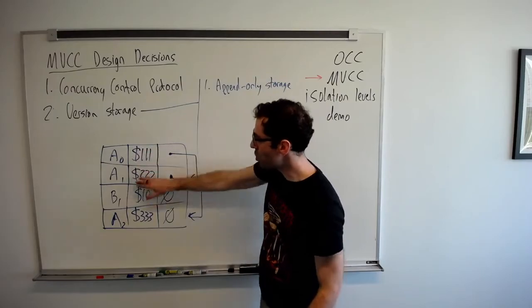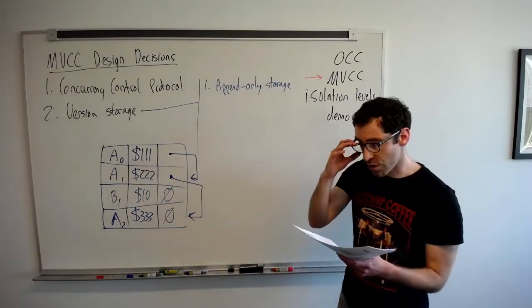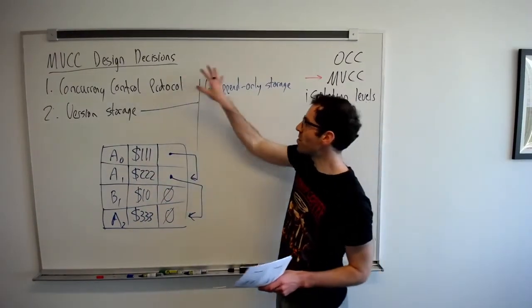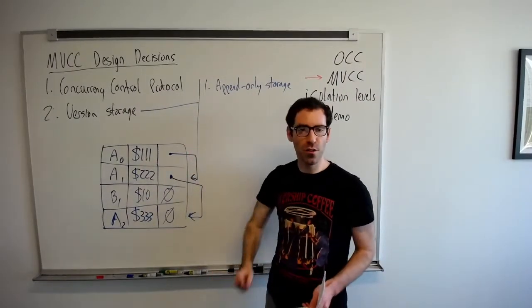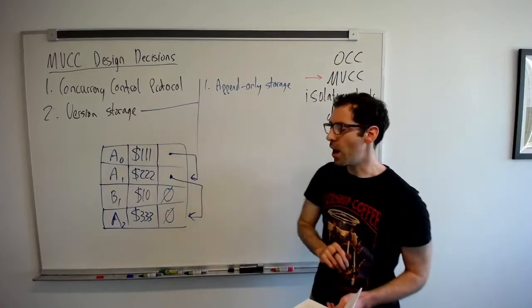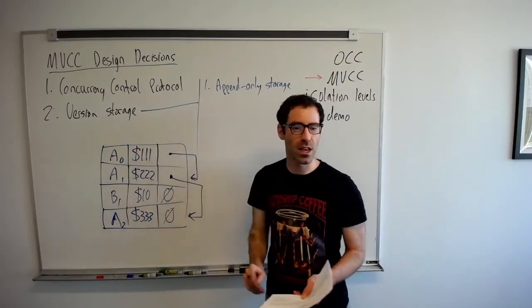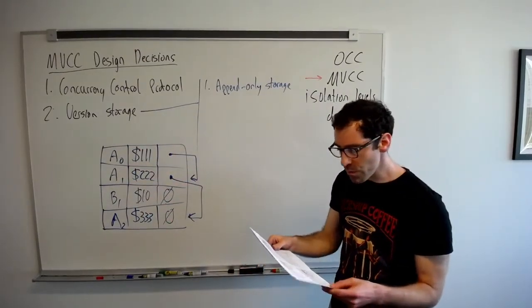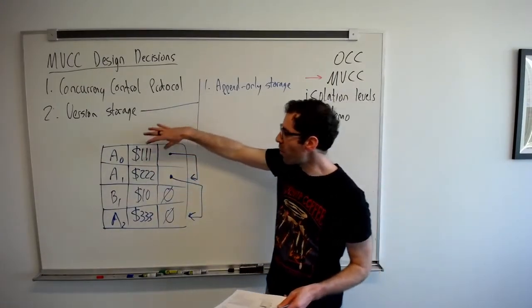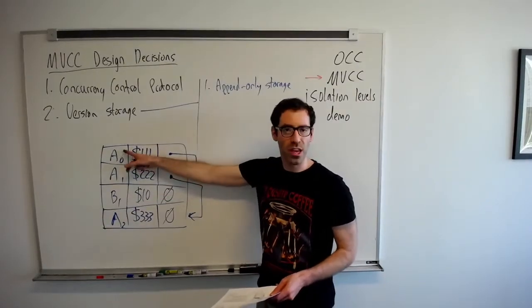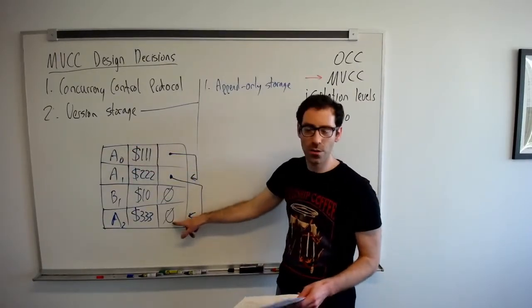And I have this chain of three versions of A. This is append-only because we just have it all together, and whenever we get a new version, we just put it into some free space in that table. So here I've ordered this version chain from oldest to newest, right? We start with A0 and we follow the pointers down to the newest.